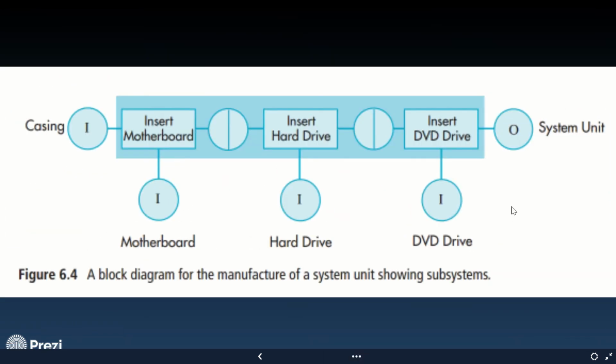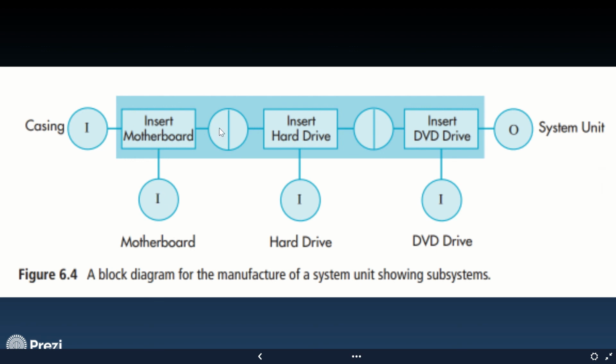Then it can get quite complicated, because you say, here are all the subsystems inside that system to develop the system unit. We start with the casing. Then we get the motherboard and insert the motherboard.